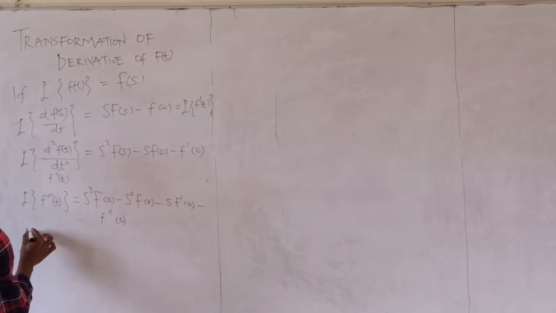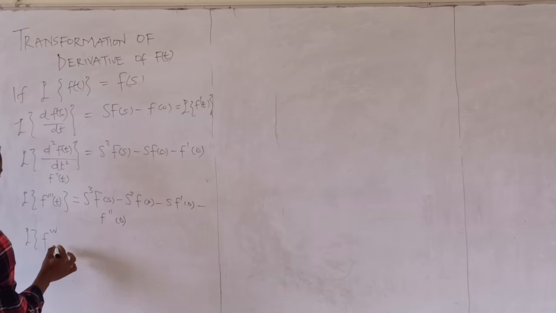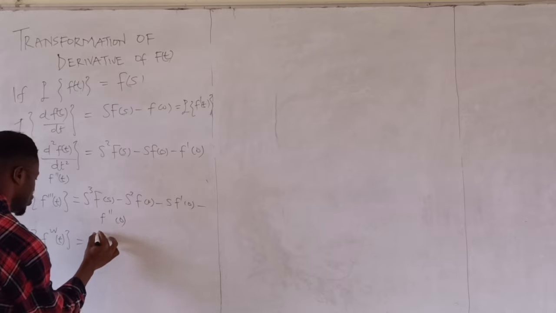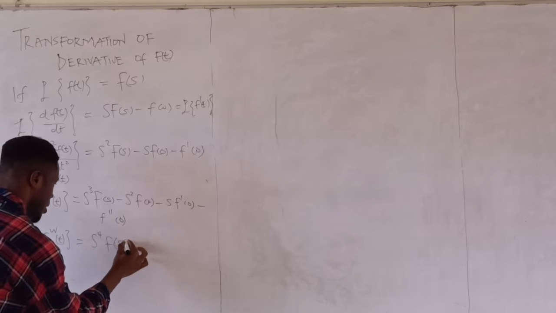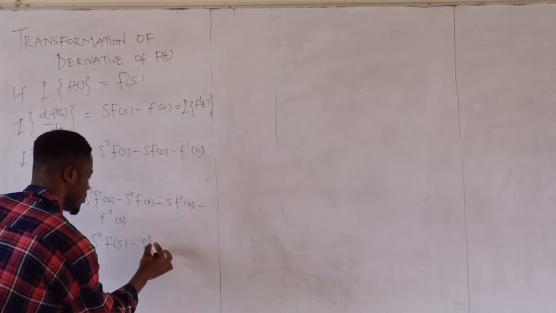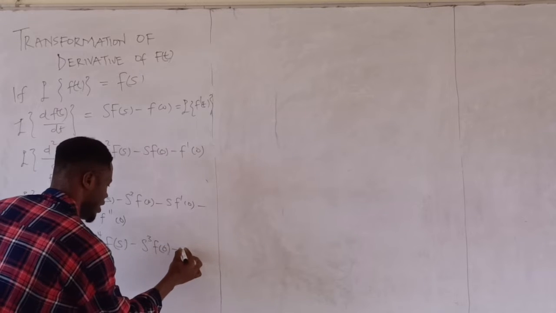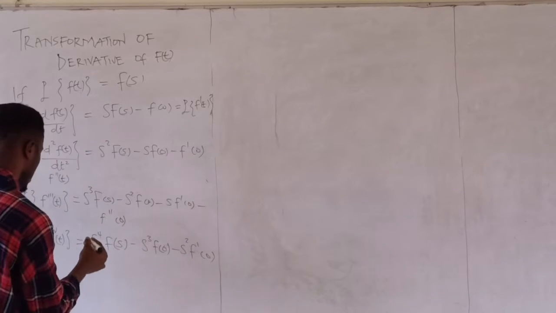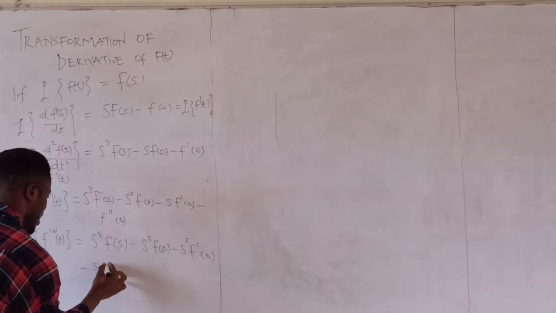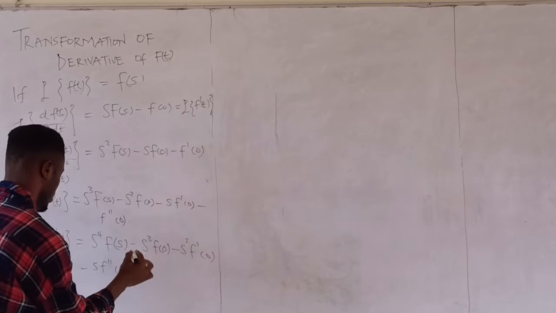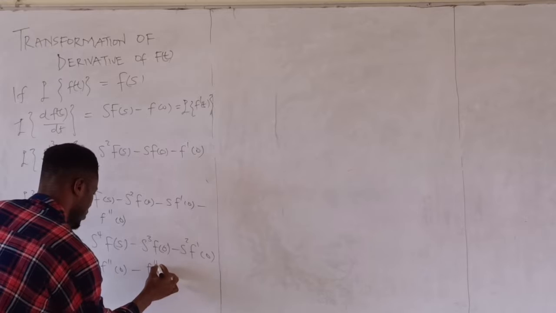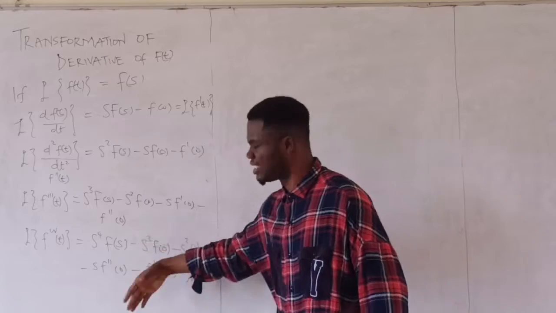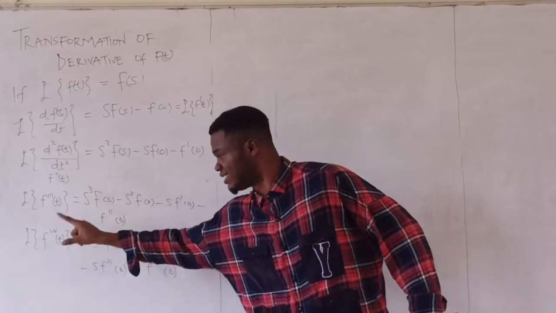So the Laplace of the fourth differential of f of t is equal to s to the fourth F of s minus s cubed f of 0 minus s squared f prime of 0 minus s f prime prime of 0 minus f prime prime prime of 0. Alright, so it follows the same pattern up to the infinite differential.